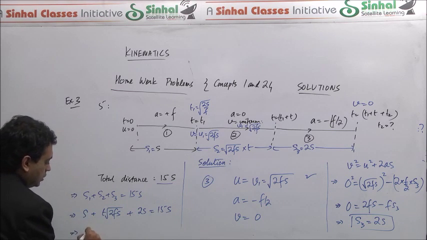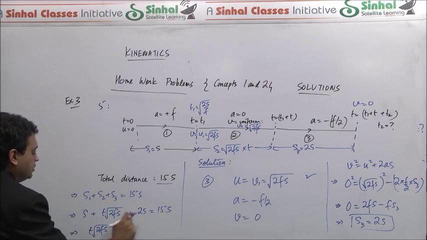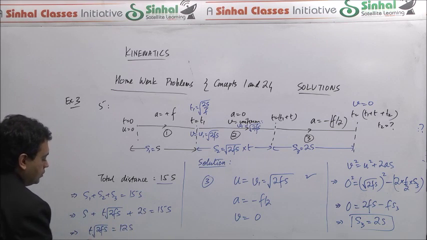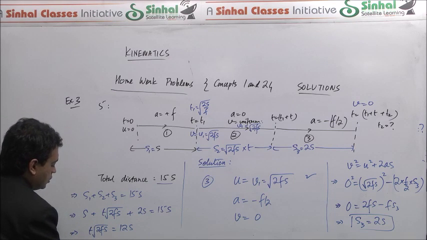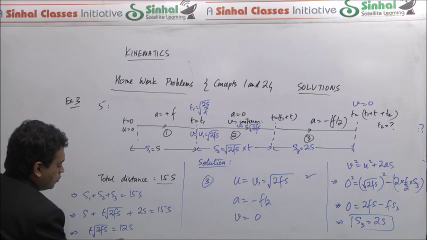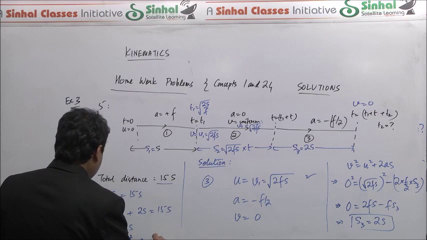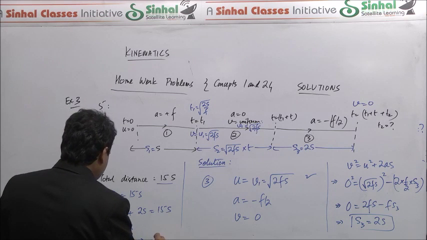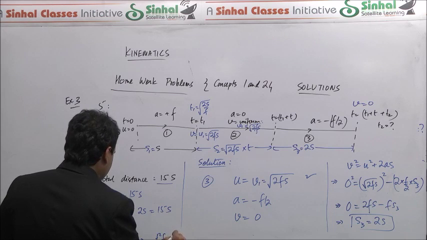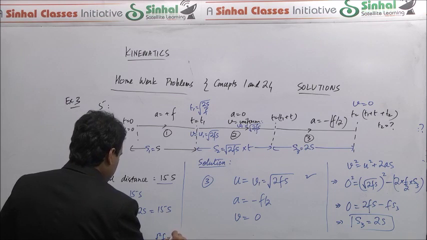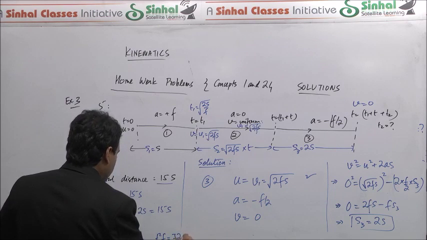As you can see, t into the square root of 2fs will become 15 minus 3, or 12s. You can square both the sides. So t square into 2fs will become 144 s square. So we can see that t square f is equal to 72 times s.